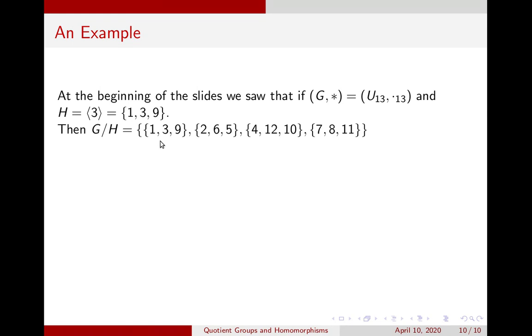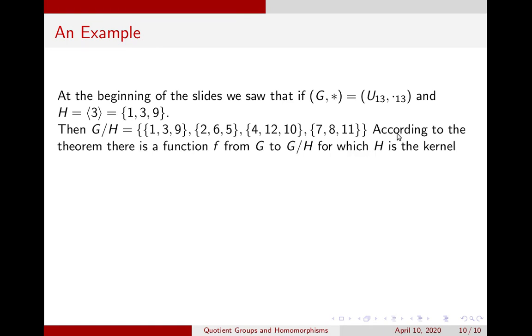We called them U1, U2, U3, and U4. So there's the quotient group. And according to the theorem, there is a function f from G to the quotient group for which H is the kernel.